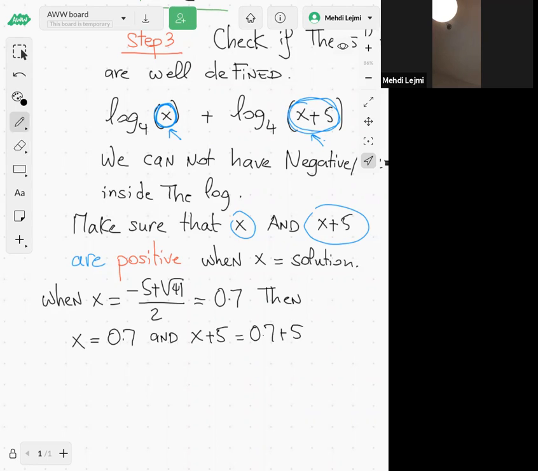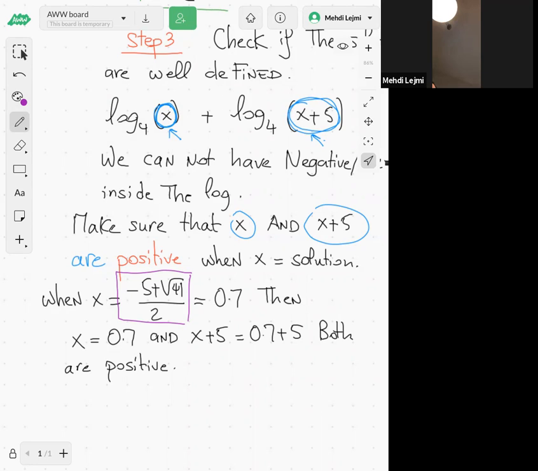So both are positive. So this is a real solution of the problem, this -5 plus the square root of 41 over 2, because when I take x or x plus 5, they are both positive.